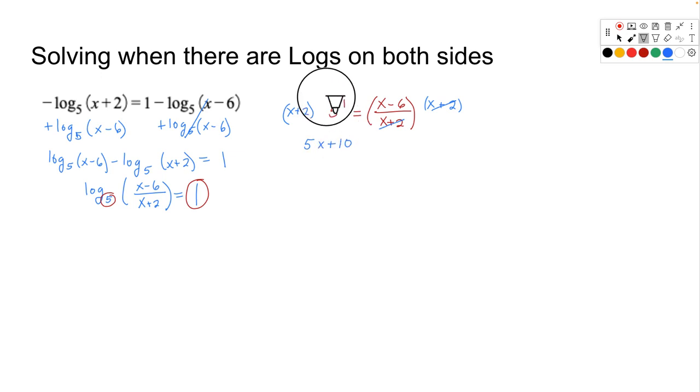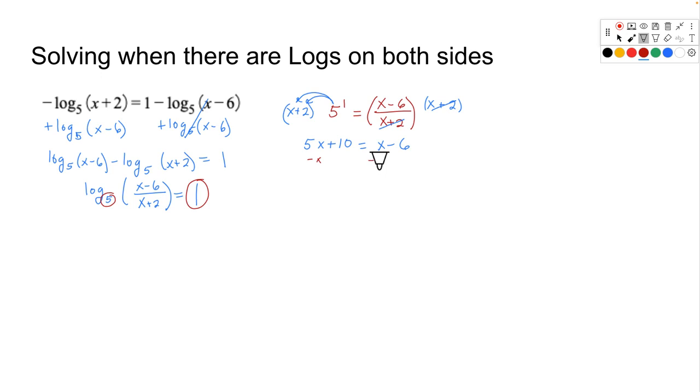So right, I distributed. On the other side, we just have x minus 6. And now, kind of like what we did with the logarithms, isolating them to one side, we want to isolate the x's. So we can subtract x from both sides.